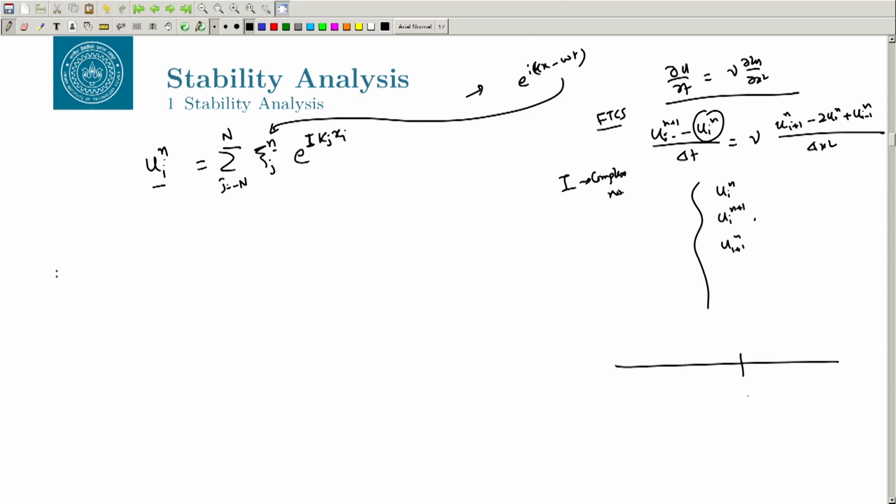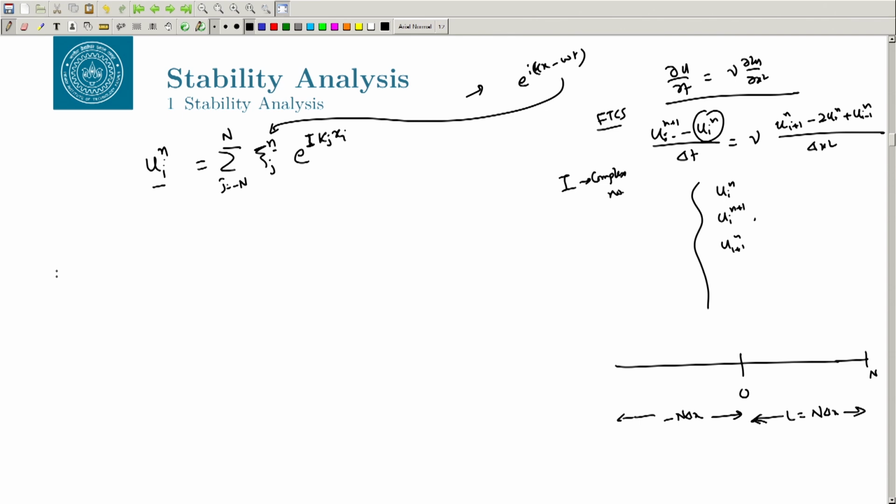So this goes to N, which is N delta x, so L equals N delta x, and this is minus N delta x. So this goes from minus N to N.